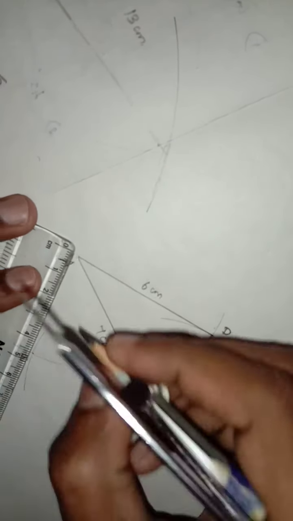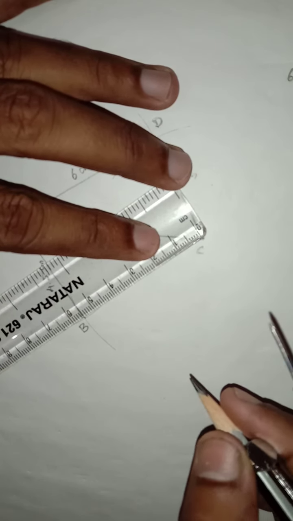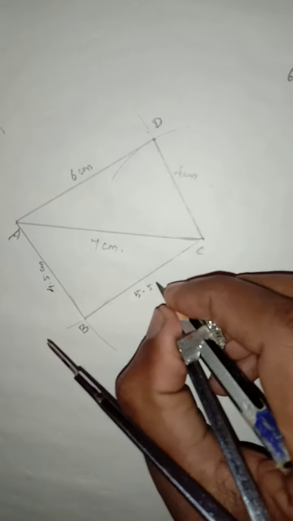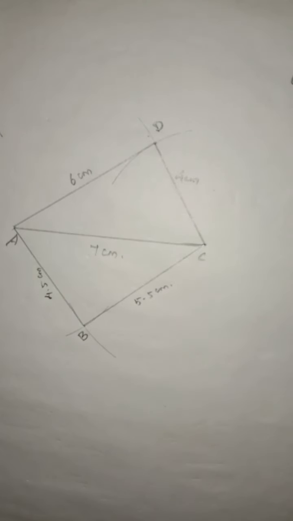That should intersect the previous arc we have drawn already. The point where these two arcs meet is B. From A, AB is 4.5 centimeters, and from C, BC is 5.5 centimeters. Just join these and name it. That's all. We have constructed the quadrilateral for the given measurements.